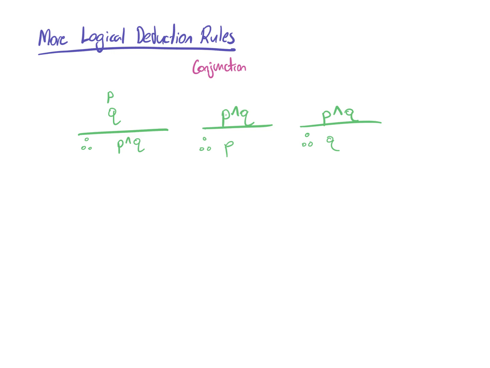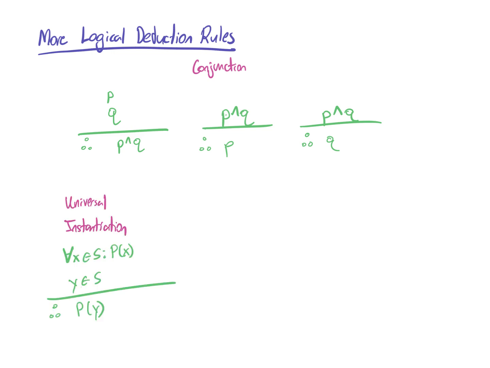Here are some more interesting and complicated ones involving quantifiers, and these are especially useful. The first of these is called universal instantiation, a fancy word, use it at parties. The idea of universal instantiation is that if I know that P of x is true for all x in a set S, and I know that y is in that set, then I know that predicate P, whatever it is, must be true of y.